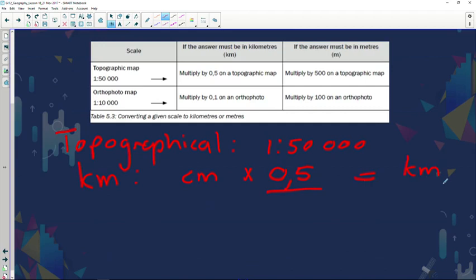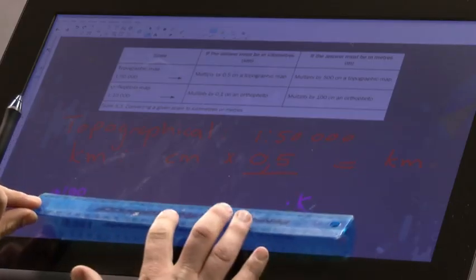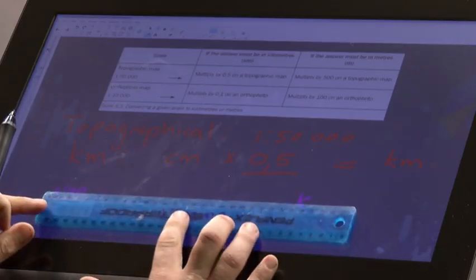For example, if I ask you to calculate the distance from spot height 100 to the church on a topographical map, you take your ruler, you measure the distance between the two areas as such.